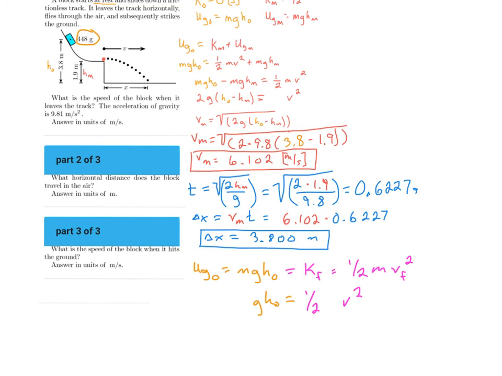Those go away. We're going to move the 2 over to the left-hand side. So this becomes 2gh0, and to get rid of the square, all I have to do is take the square root of both sides, and that will leave me just with v. V squared goes away. So from there, we just plug in our numbers.